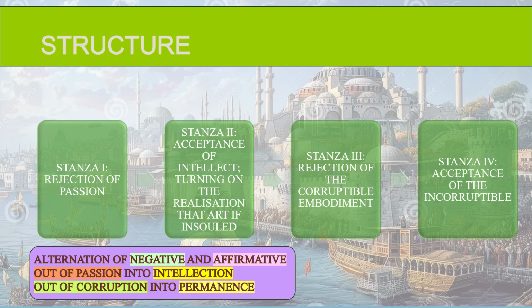Stanza 3 presents a rejection of the corruptible embodiment, and stanza 4 an acceptance of the incorruptible. There is an alternation thus of negative and affirmative. Out of passion into intellection, out of corruption into permanence.